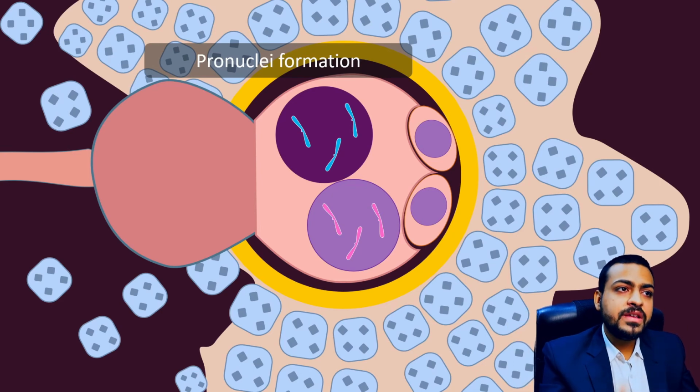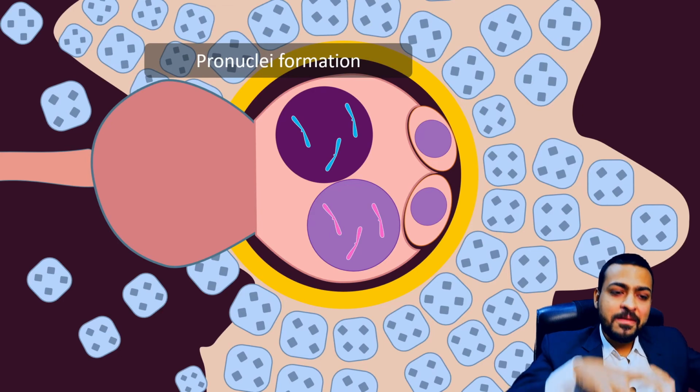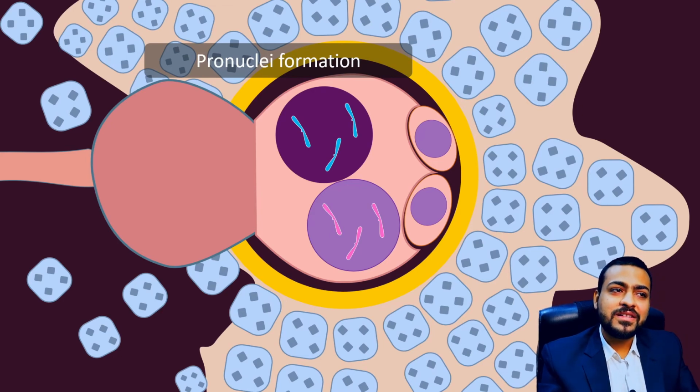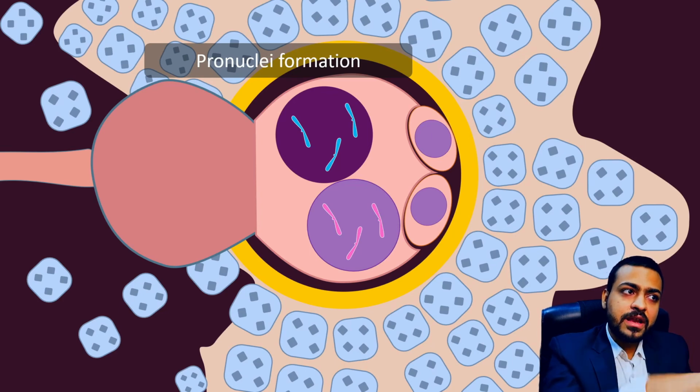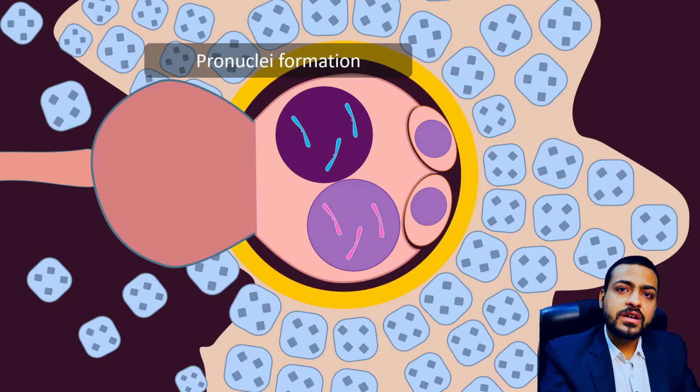Why? Because to copy the genetic material, enzymes must act upon it, and these enzymes cannot act on a highly packed substance, right? For example, you pack up your things in a briefcase to transport them from one place to another, but to use those tools, you have to unpack them, right?